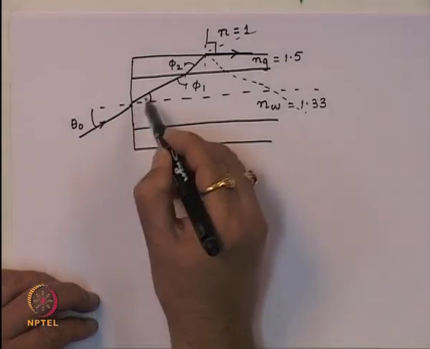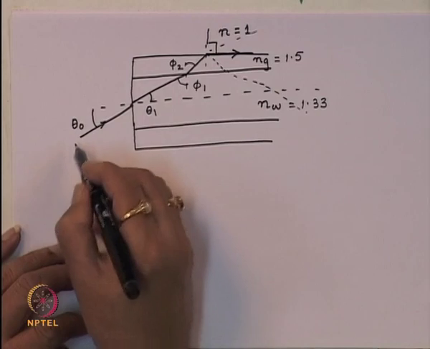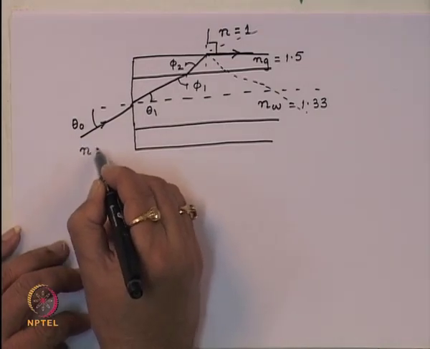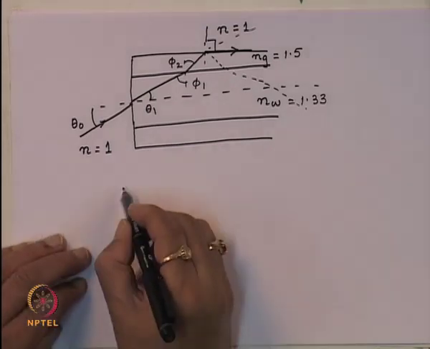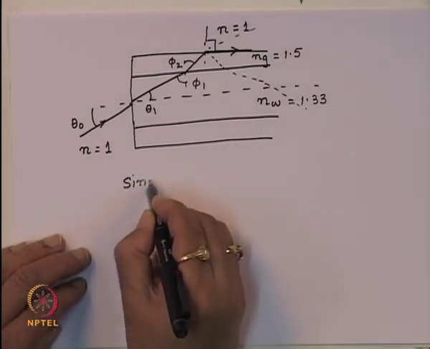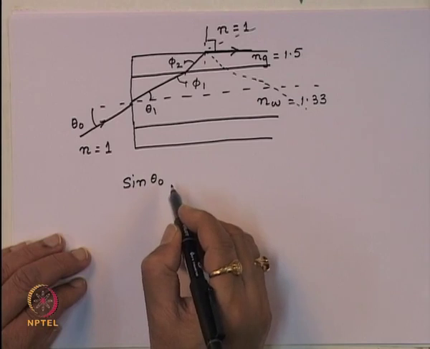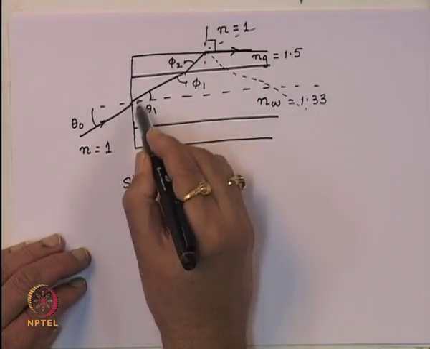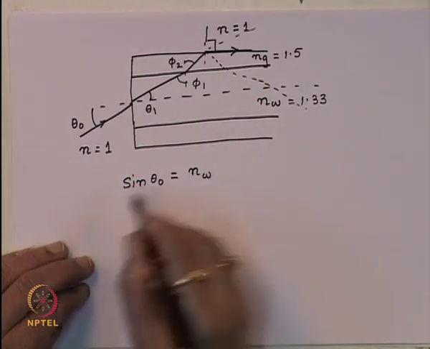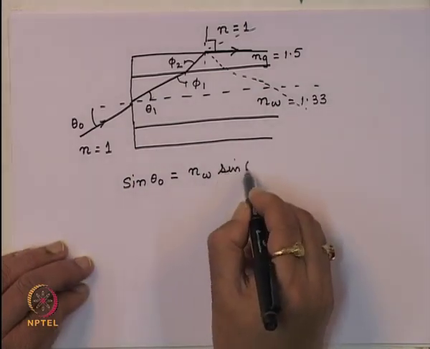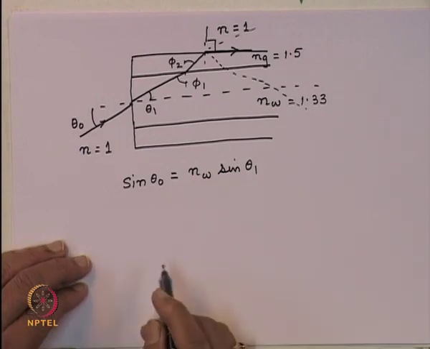So, if I apply Snell's law at this interface, and here the refractive index n is equal to 1, I have sine of theta 0 equal to n w, which is the refractive index of water, multiplied by sine of theta 1.